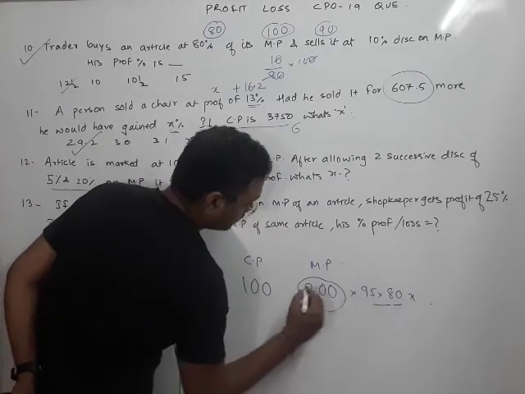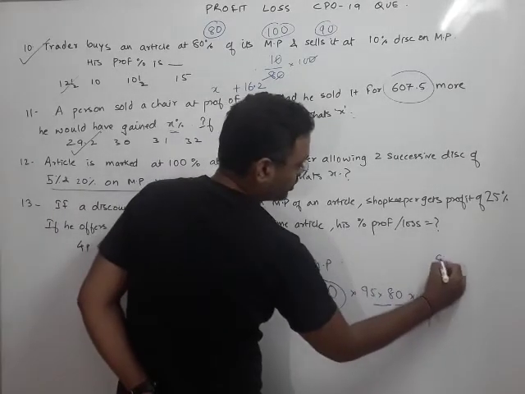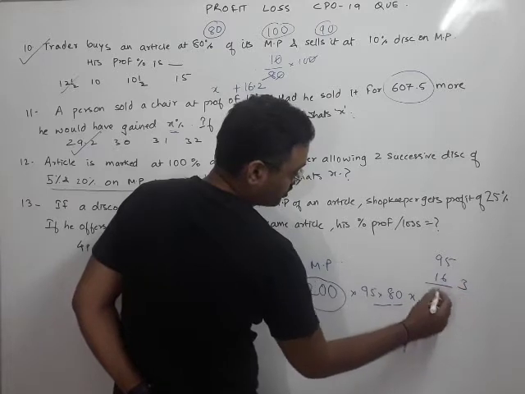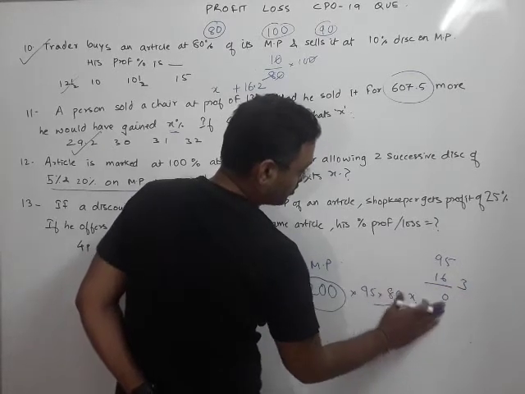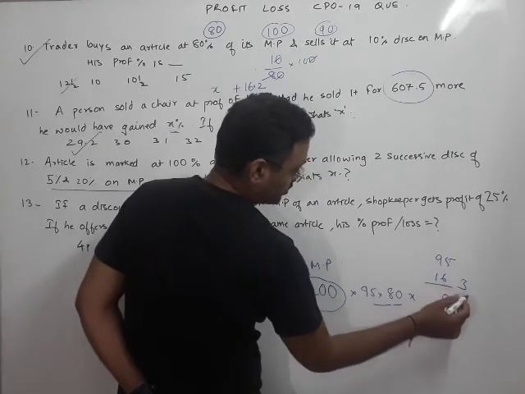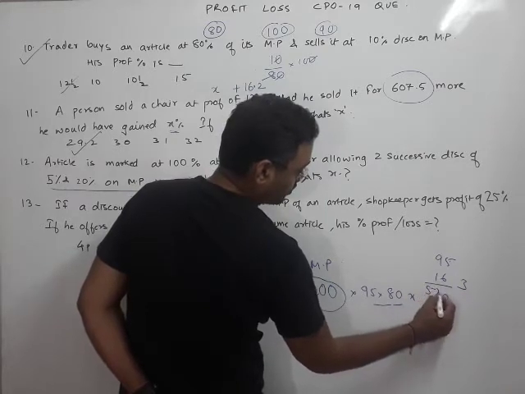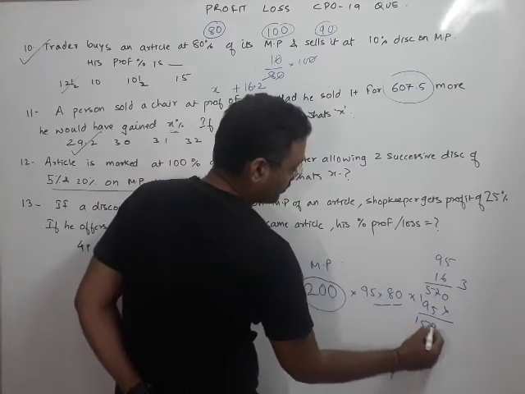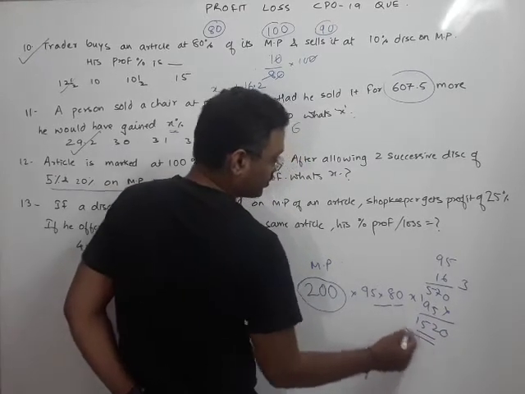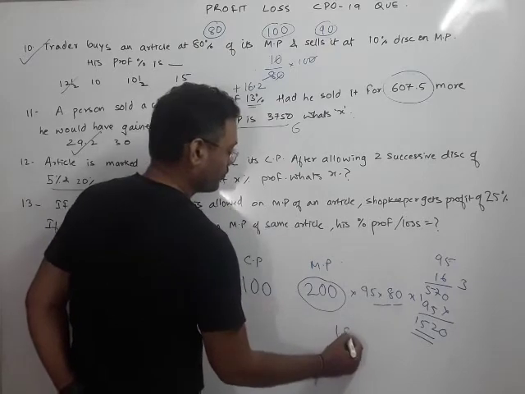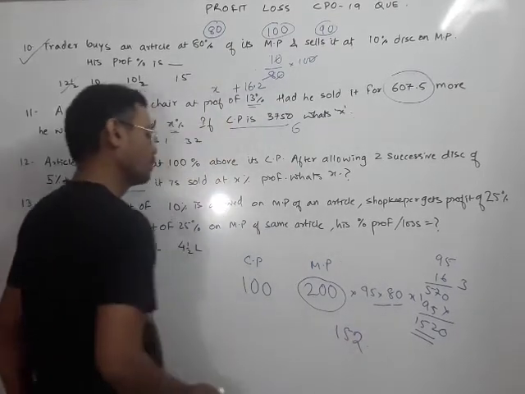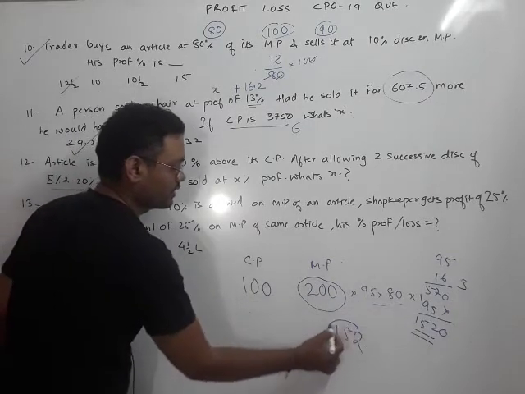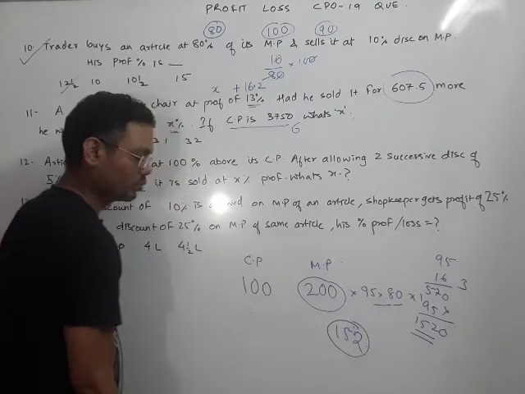You just do 95 into 16, which is 30. 5 sixes are 30, 54, 57, 95 twos are 152. It is nothing else. After giving this much discount, I am selling it at 152.